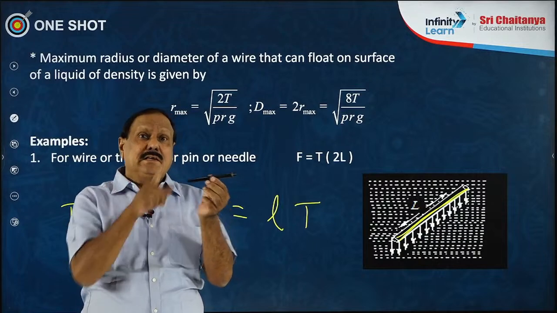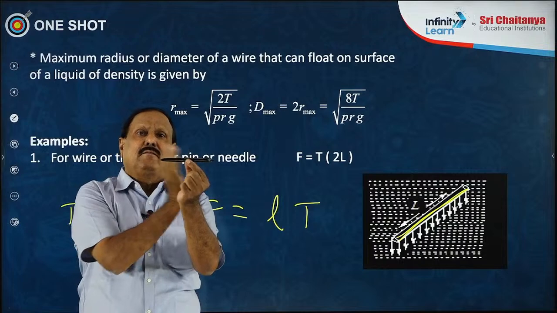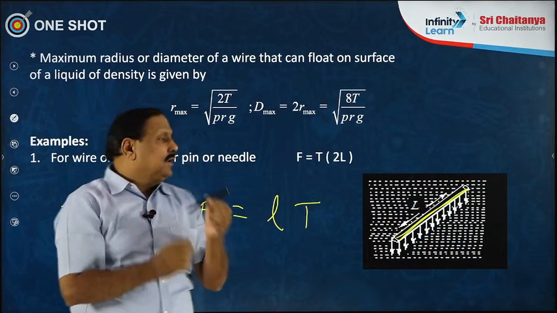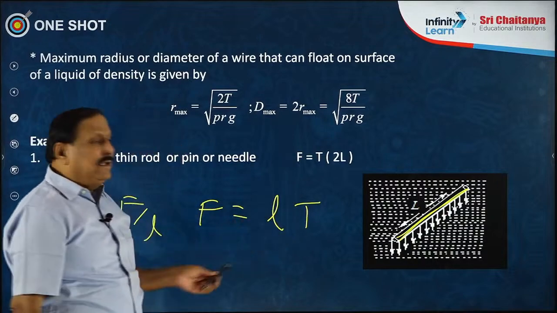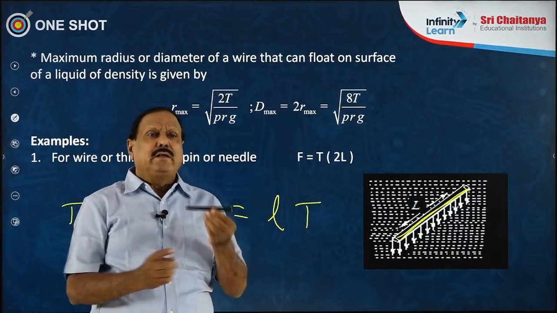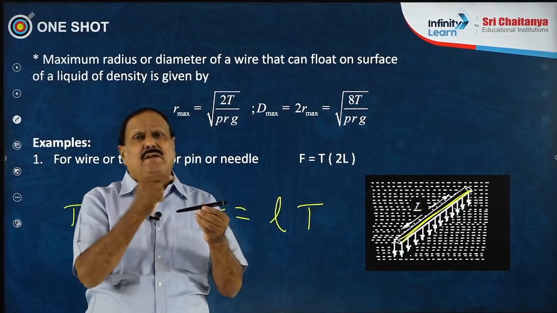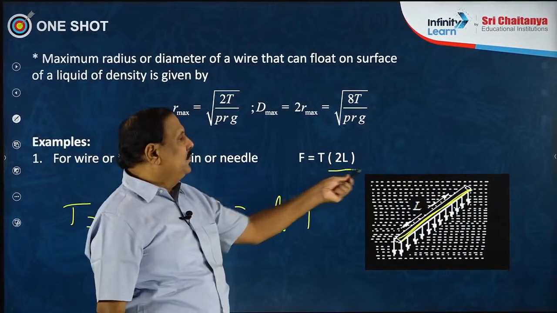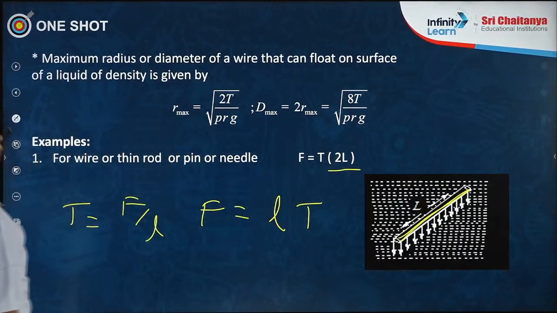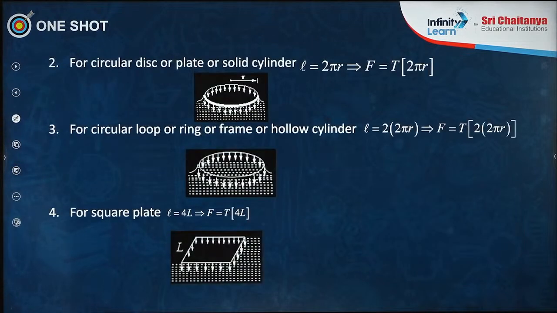The liquid touches this wire on either side, the front side and the back side also. So in the formula for calculating force, F is equal to TL only, but because the liquid is touching the wire on two surfaces, here you have to take 2L. So F is T into 2L. Like that, here we mention a few cases.